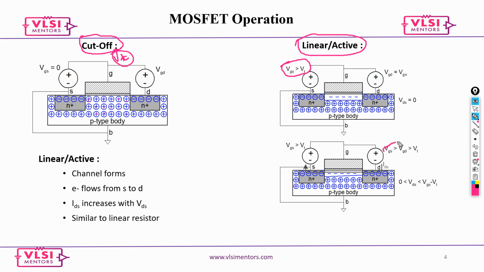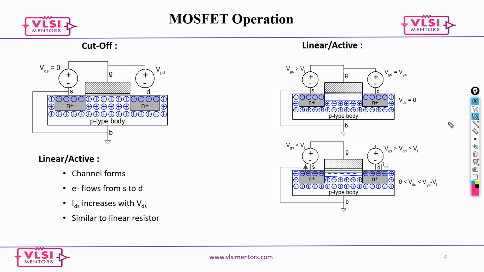As long as this condition is true, it is said to be in linear mode. So it's basically simple: the channel forms, electrons flow, and your IDS increases with VDS, because both drain current and drain voltage increase. That's the main thing, because they are both linear when it is in linear mode.